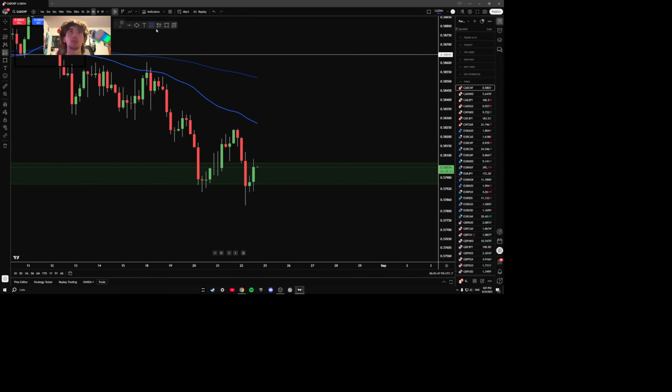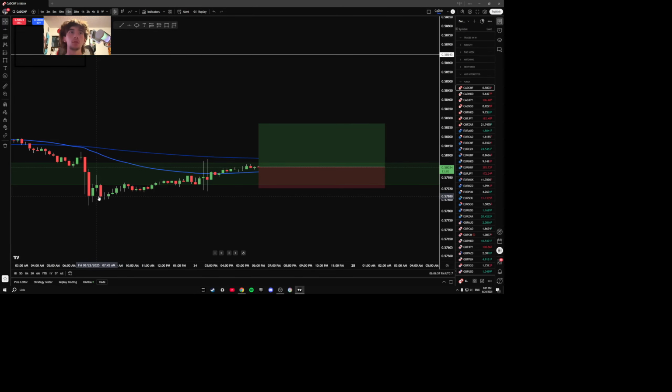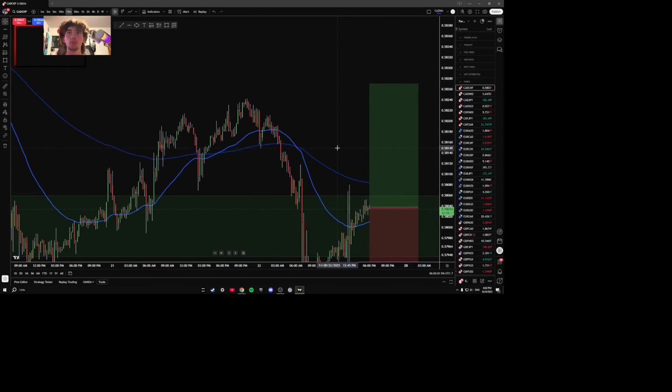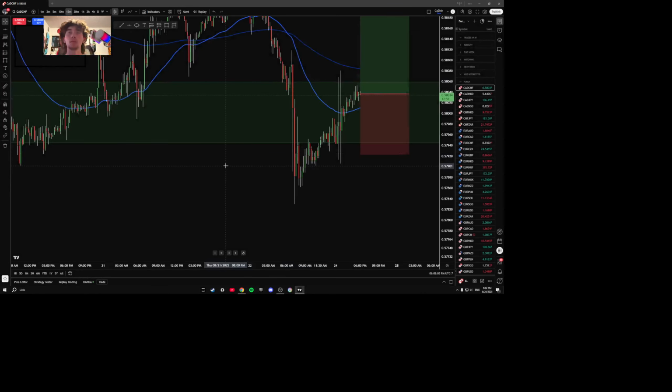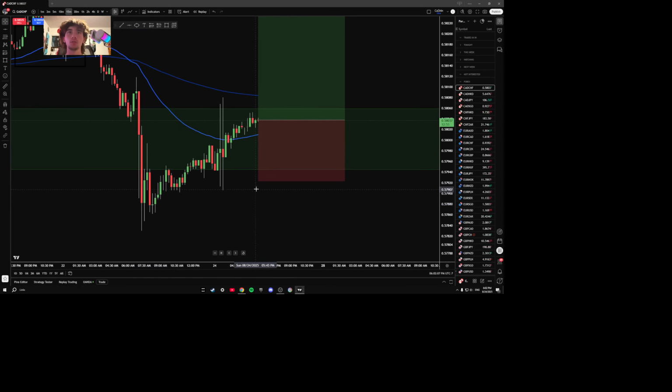It's technically a good entry right here. Let's see what the lower time frames are doing. Bearish, not bullish yet. Technically shifted bullish. And you could take this trade. Bearish, bullish.